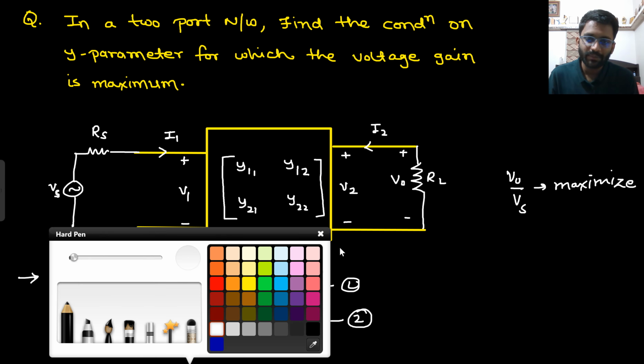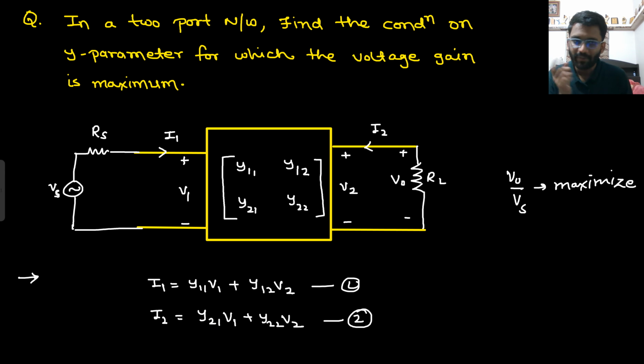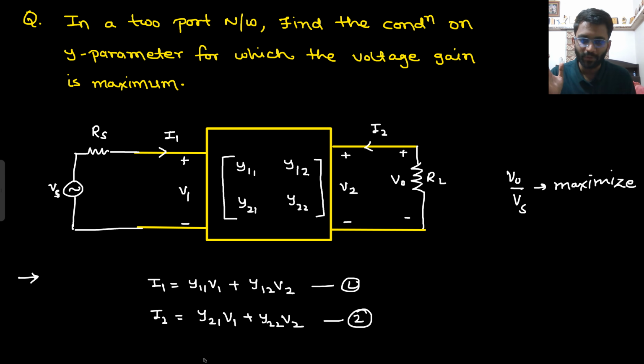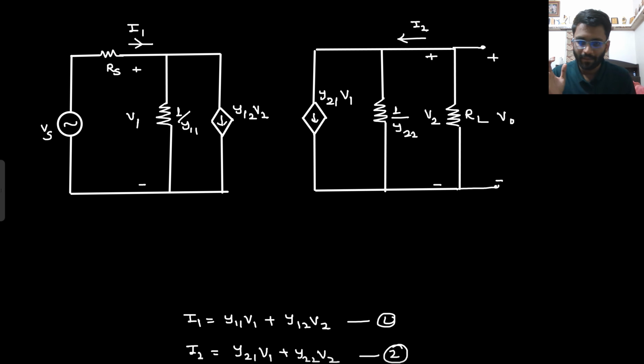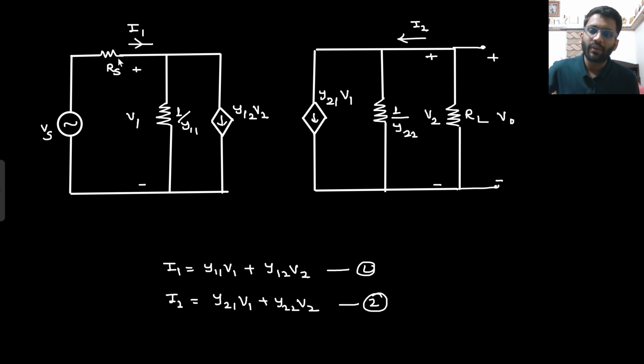Now you can replace this particular box with a circuit. How will we replace it? Like this. What did I say? That your I1 is equals to Y11 V1 plus Y12 V2.